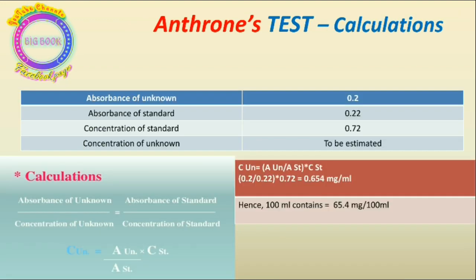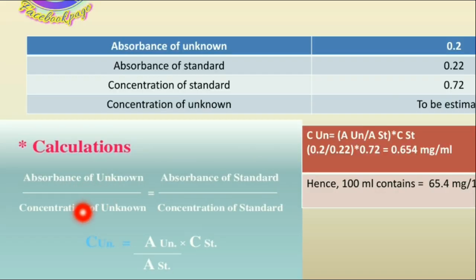With the help of this intersection, further we are going to do the calculation. This is the formula: absorbance of unknown divided by concentration of unknown equals absorbance of standard divided by concentration of standard. So the concentration of unknown, CUN, which is what we are estimating, is equal to absorbance of the unknown into concentration of the standard, divided by absorbance of standard.